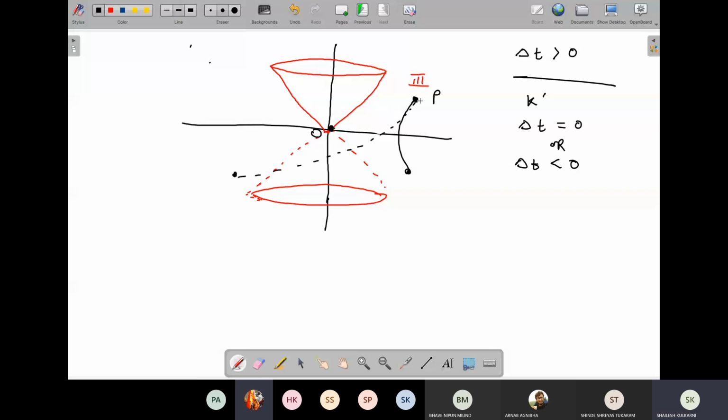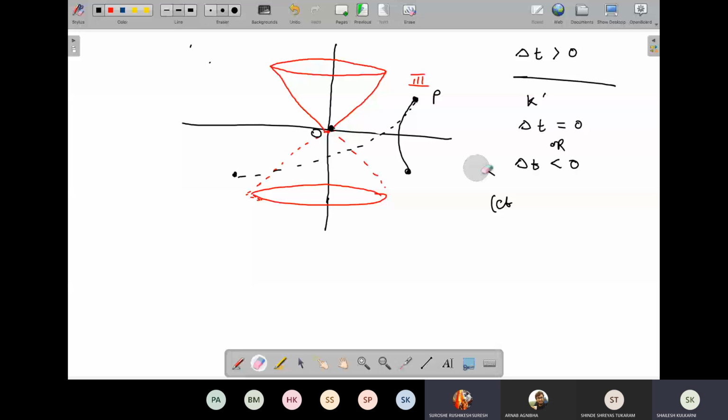In region 3, what we get is that c square dt square minus dx square is less than 0. So c square is less than dx square by dt square?